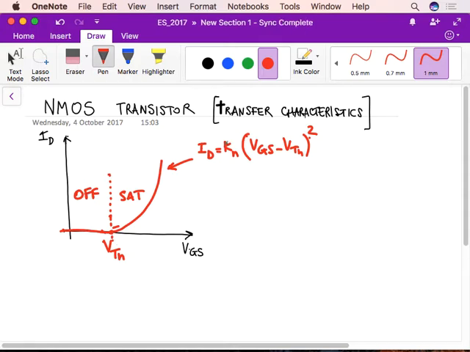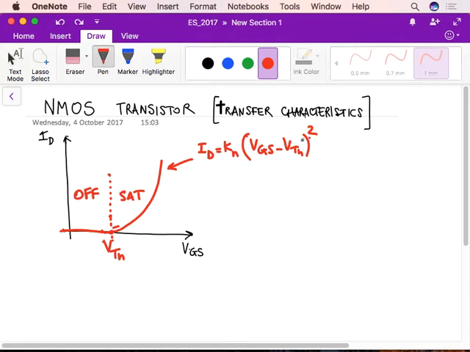In the case of a short transistor, as we discussed, we do not have a power of 2, we have a linear relationship, but apart from that, the situation is similar. The important thing to consider is that this is actually an approximation. It is not true that the current goes abruptly to 0 when the gate to source voltage goes below the threshold voltage.